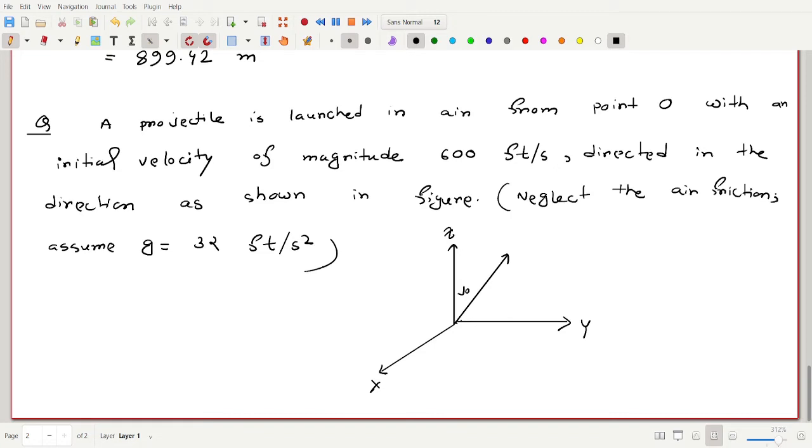In the xy plane, the projection of the velocity is given by this vector. This angle is 60 degrees, and the angle between the projection and the y-axis is 20 degrees.